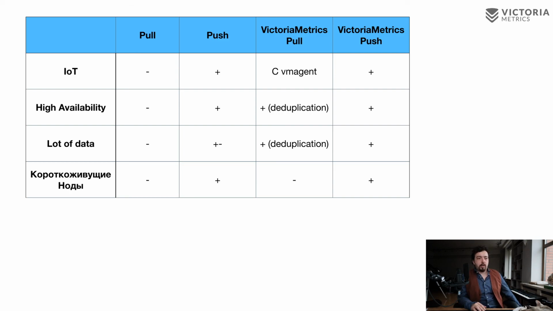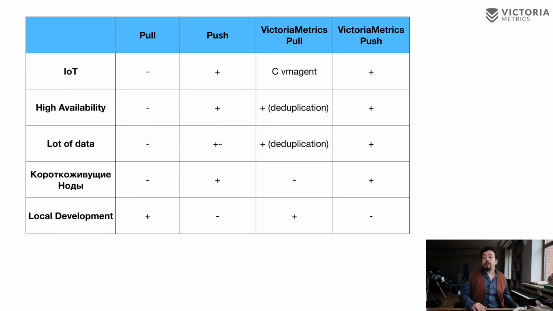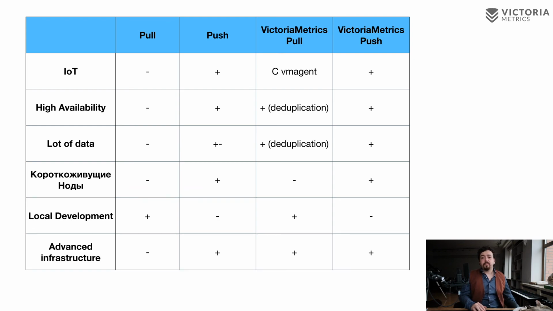Short-lived nodes, I'm sorry I didn't translate it. As I said, with infrastructure things, if you have short-lived nodes, it works with push only. In local development, sorry, pull only. And if you have advanced infrastructure, you can probably forget about pulling data.